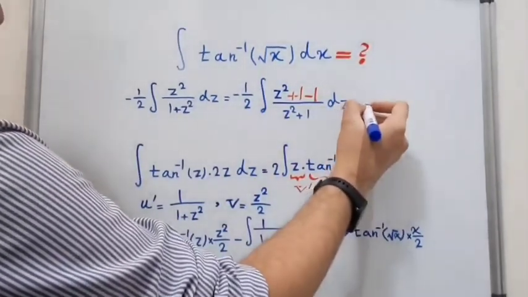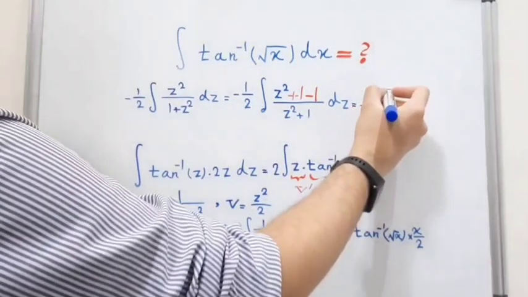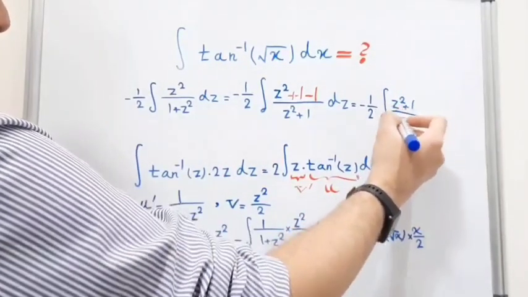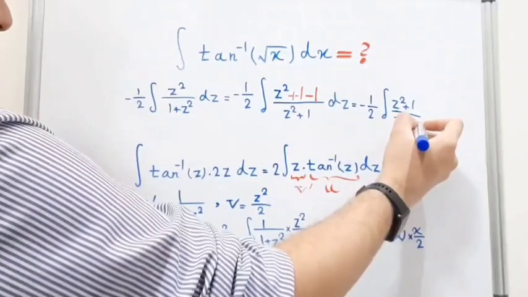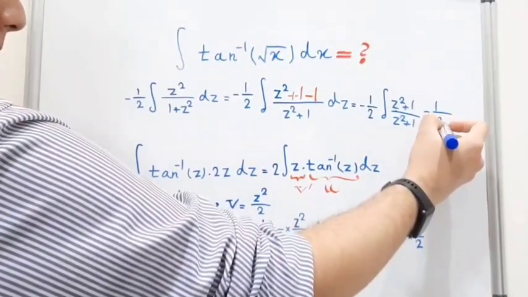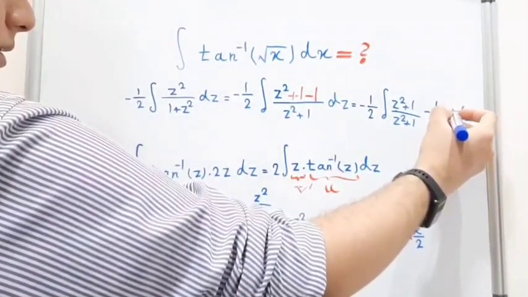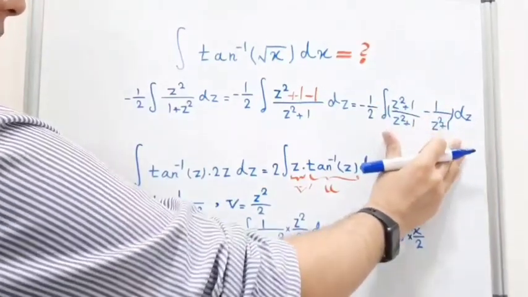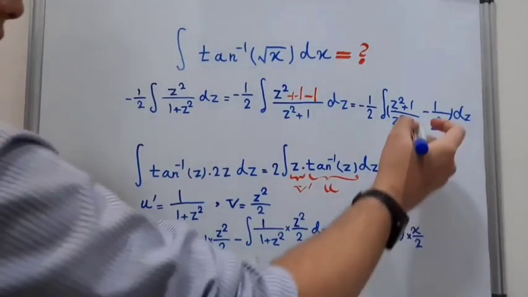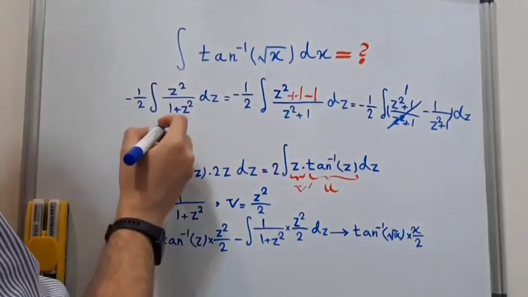I just want to make these guys separate. I mean like this. See? And this is for both of them, not just one of them. Okay, I just separate them, and this guy is going to be 1.